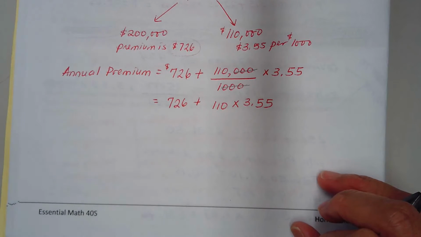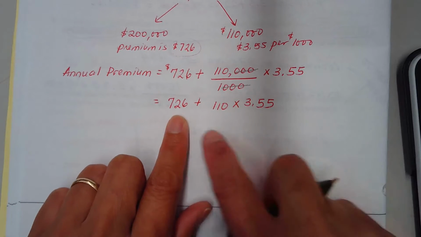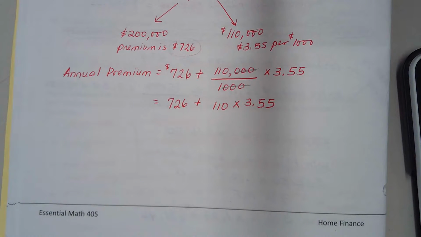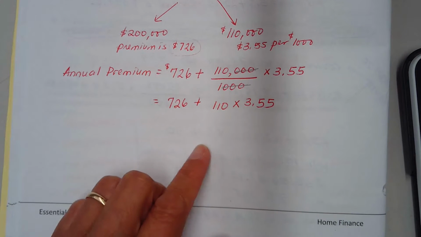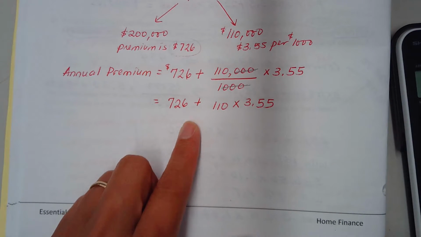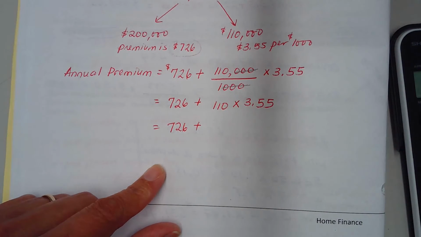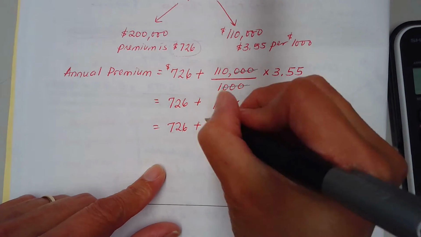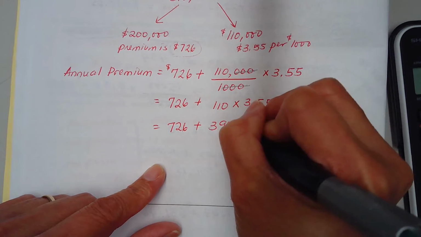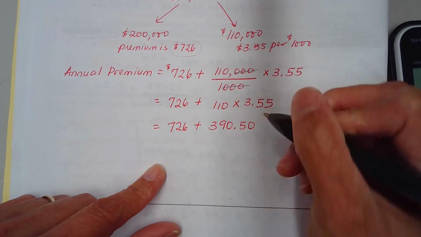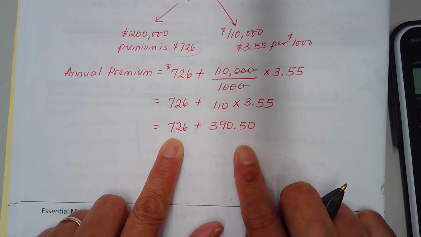So this one here is much better to type, right? It's not a lot of numbers, especially with those extra zeros. It could get confusing, right? So this is 726 plus 110 times 3.55. It's going to be $390.50. So what does this mean?